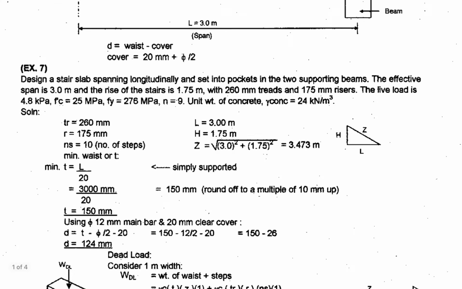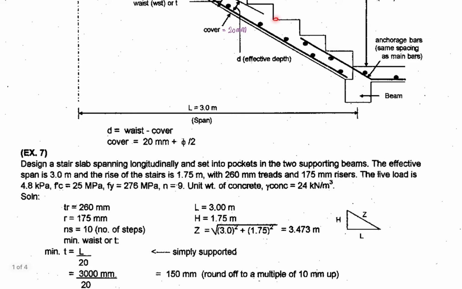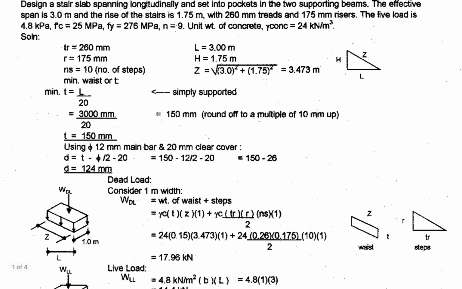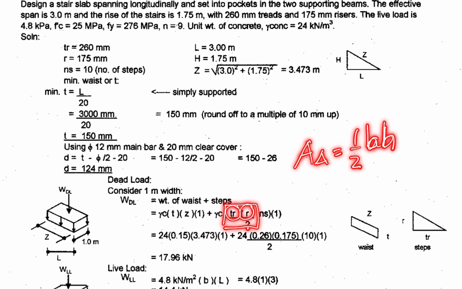So the step here, you have this one. Okay, to compute for that, you have the gamma of concrete times the thread. So that is the area of the triangle. Okay, you have the thread and the riser multiplied by 1/2. So area of the triangle is equal to 1/2 times A times B, or base times height.